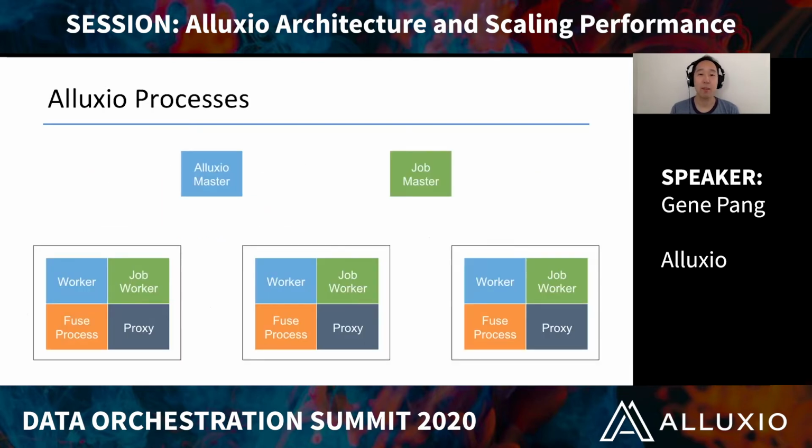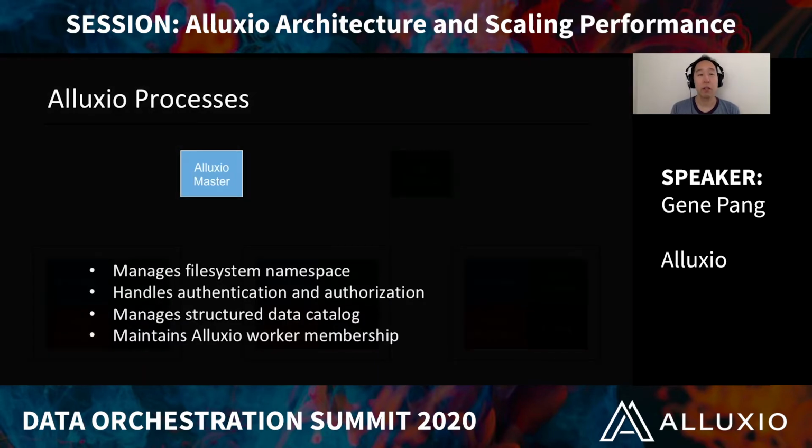So here is a simple diagram of all the various different processes that are involved for the Alluxio data orchestration framework. And I will go through each of them individually. First is the Alluxio master, and this process is mainly involved in managing all the metadata for Alluxio.